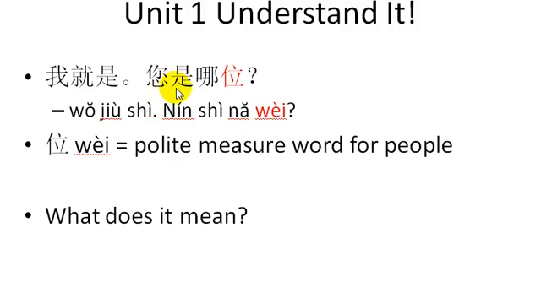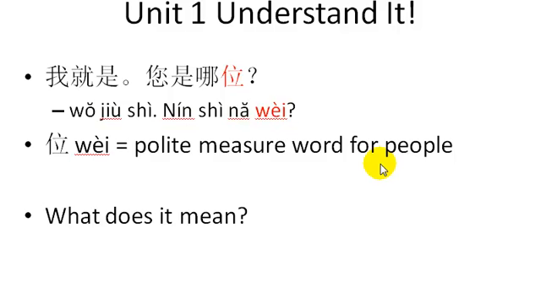您是哪位? So 位 is a measure word. Okay? Like 个, 一个, or 一杯水. Right? We have this is another measure word. 位. And 位 is a polite measure word for people. Kind of like, who is that person?